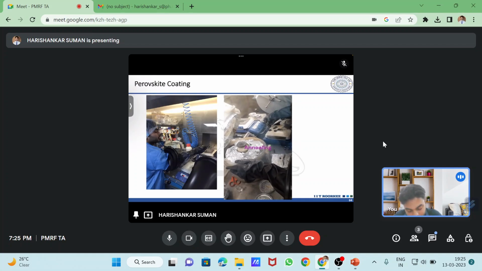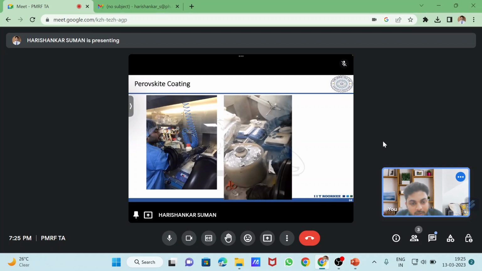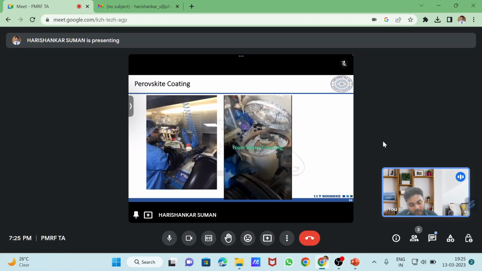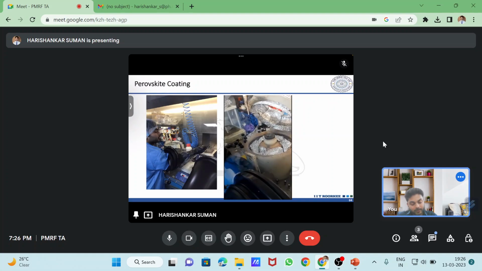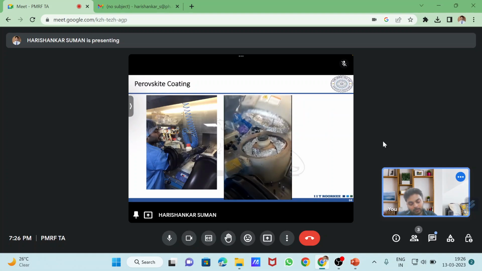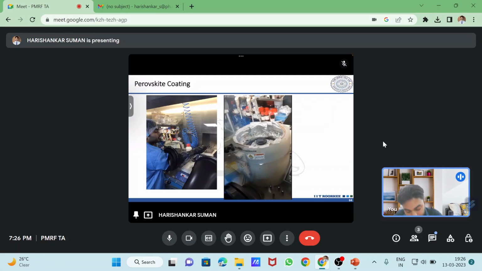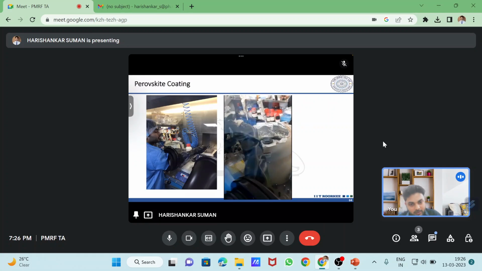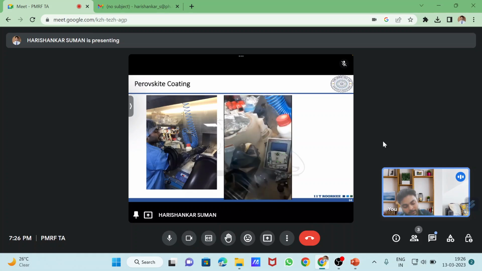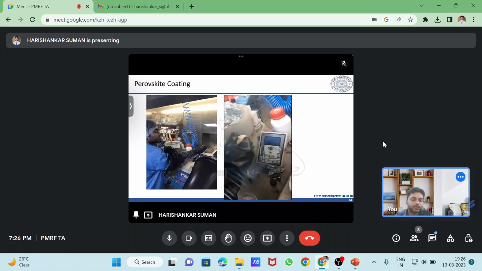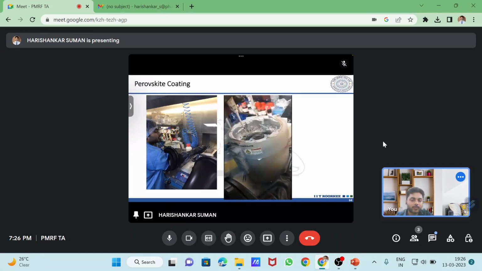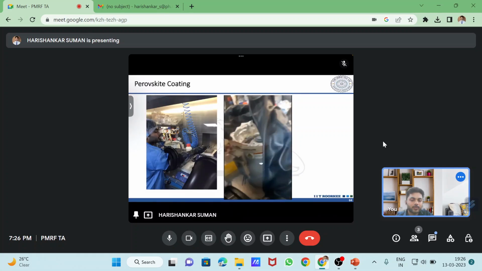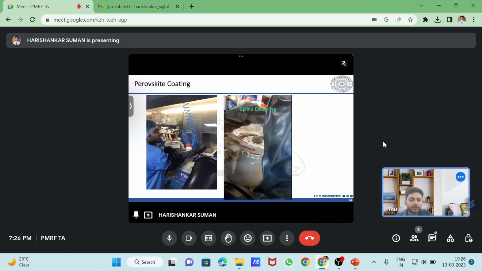You can see the black phase film. This is the perovskite. Now the Spiro hole transport layer on top of the perovskite. You can see in the picture there is a black phase film. This is the perovskite coated. Now spiro dropping.